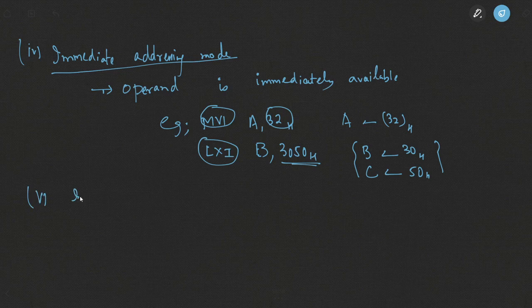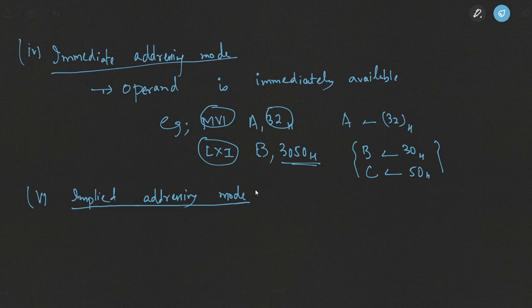Fifth, we have implied addressing mode. So these things need to be made clear. What instruction is following immediate addressing mode, what is following indirect addressing mode, what is following direct addressing mode. Fine. In direct addressing mode, the address is directly given.